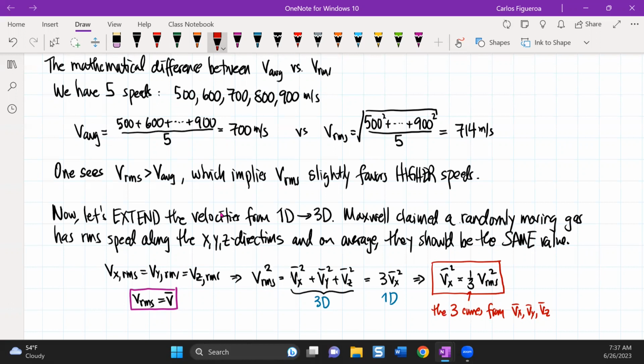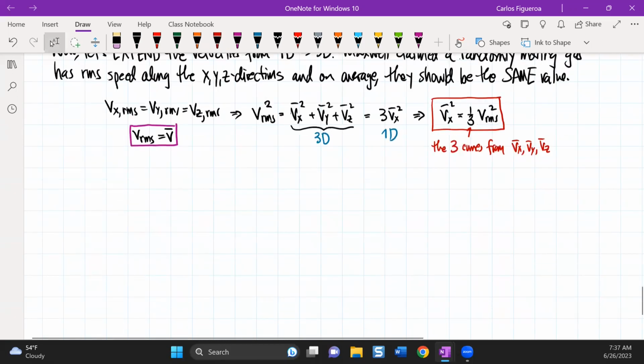That's important, because when you think about the heat capacity, where does that 3 come from? It comes from this right here. So now let's put this into the average force equation.